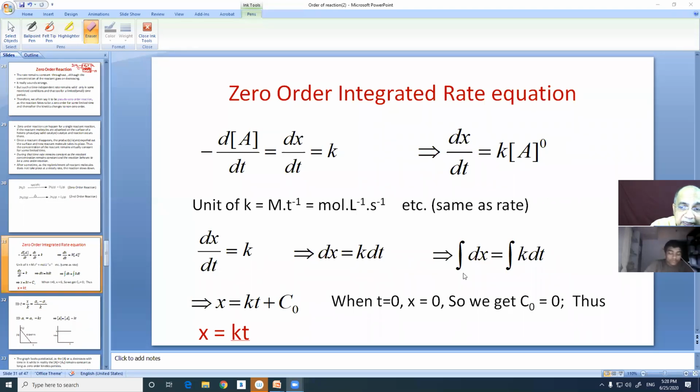Integrating both sides, it becomes x equals kt plus integration constant C0. When time t is equal to 0, x is equal to 0, so C0 is also equal to 0. So the final kinetics equation, written in red, is x, the product concentration, equals the rate constant for the zero order reaction into time. So you write all these steps.